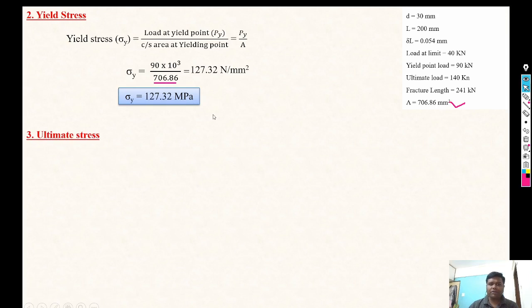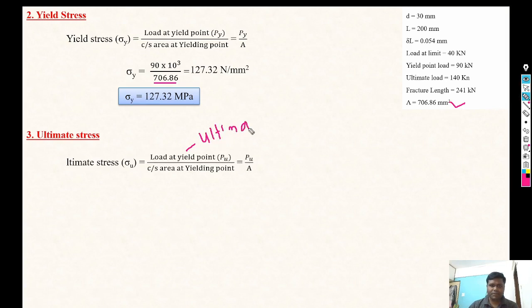Now next we require ultimate stress. Again the same stress formula, P by A, but now for calculating ultimate stress we need to consider the stress at ultimate point, not yielding point, ultimate point. The load at ultimate point is given, that is 140 kilonewton.